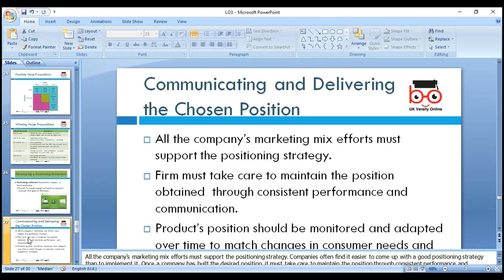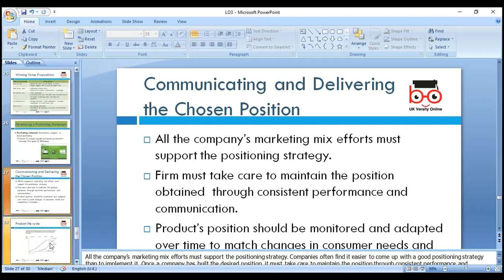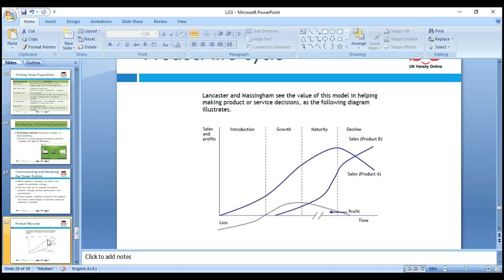Okay, so next slide. Whenever we make any target, or we position or launch our positioning, or introduce our new positioning strategies and target our products, it is always crucial to look at the product life cycle and where we are now.